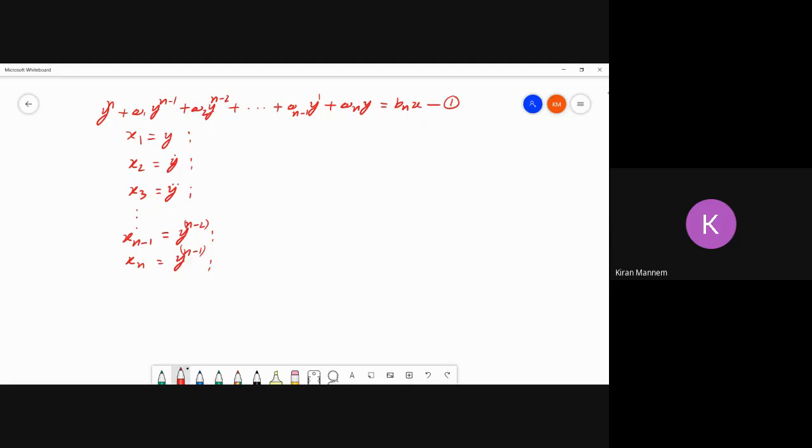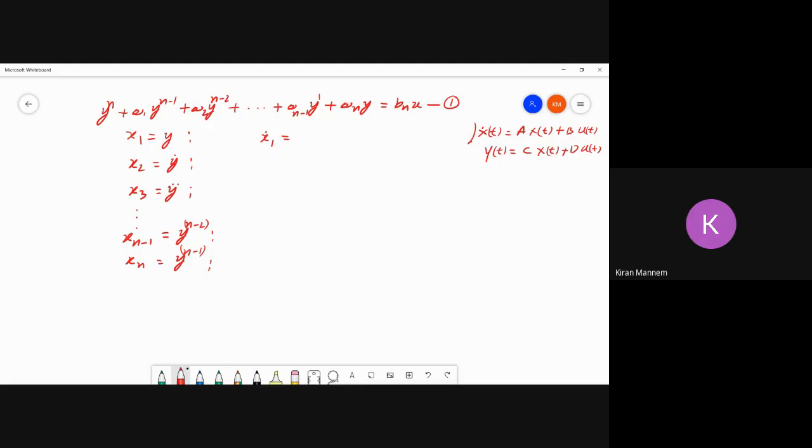But what we need in the state space analysis, we need x dot 1, right? That is differentiation of the state variable. Since your state equations are x dot of t is equal to A into x of t plus B into u of t, and the output y of t is equal to C into x of t plus D into u of t.